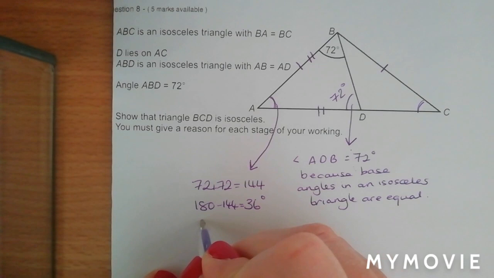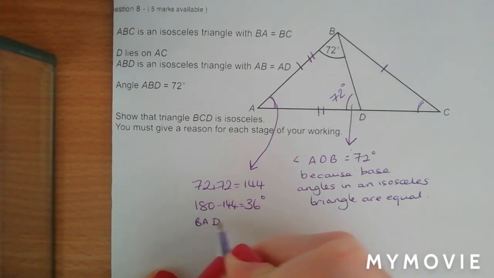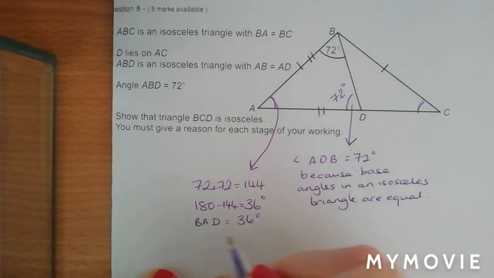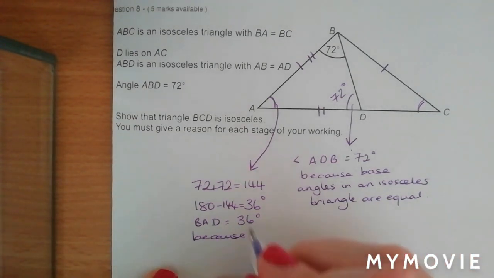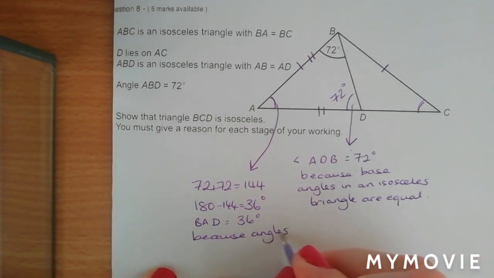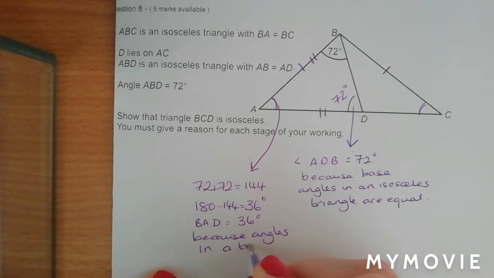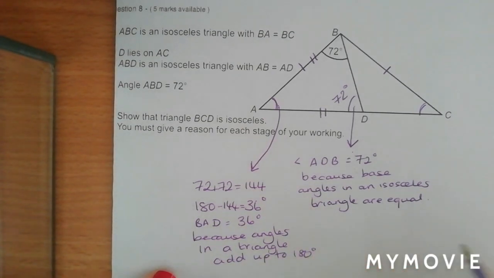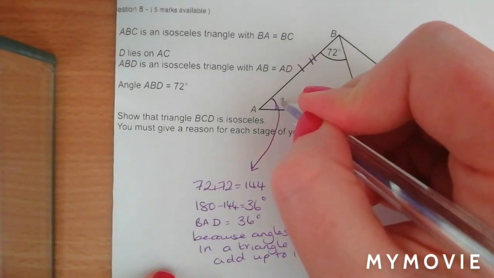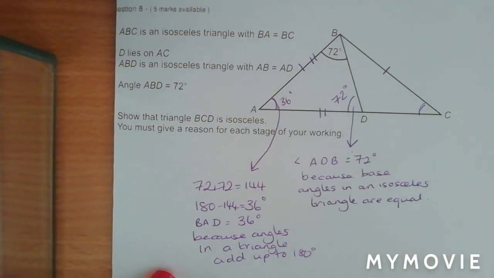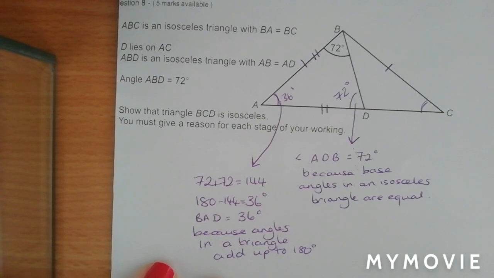So angle BAD is equal to 36 degrees because, think about it, what have we just done and why have we done it? Angles in a triangle add up to 180 degrees. So these are the statements that you would have to put into MathsWatch to be able to get the full marks on this question.